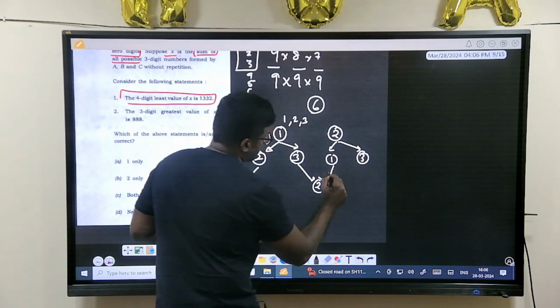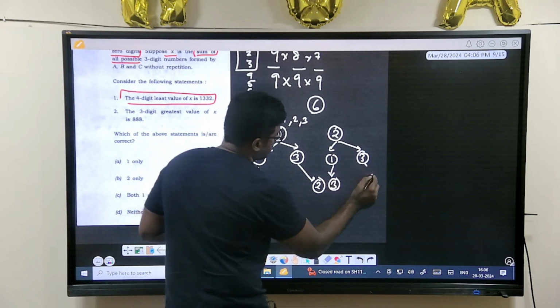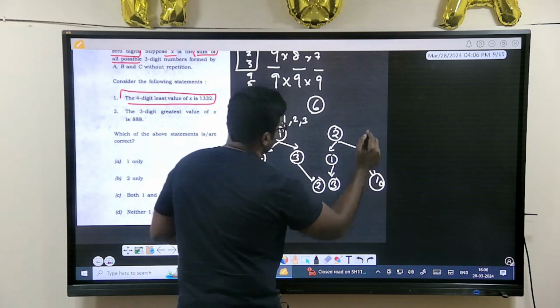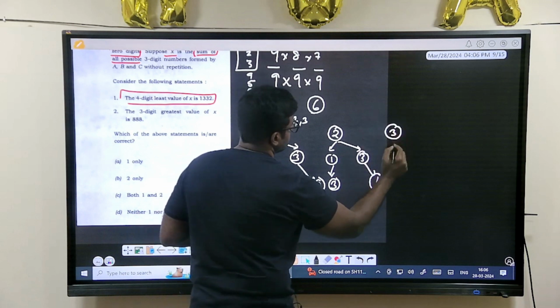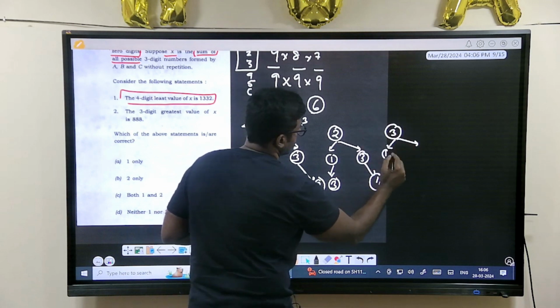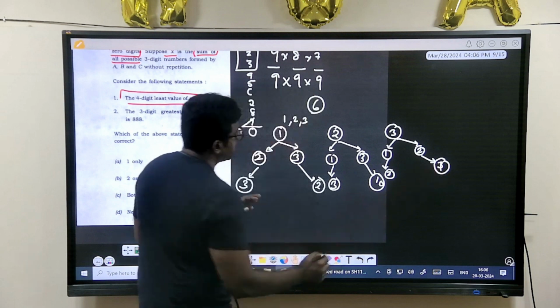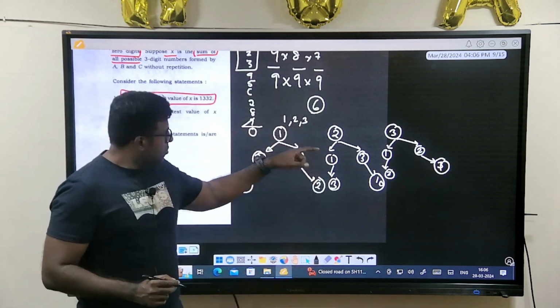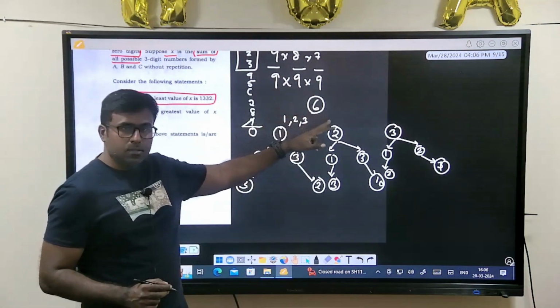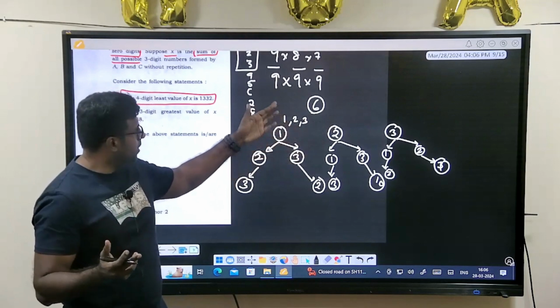Here it can be 3, here it can be 1. If it is 3, it can be 1 or 2, here 2, here 1. This is a method that you can adopt. See, these are 6 combinations of numbers possible.